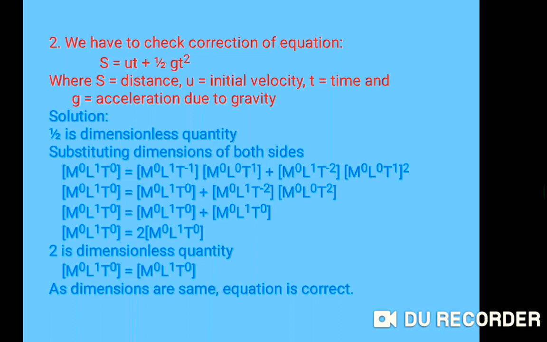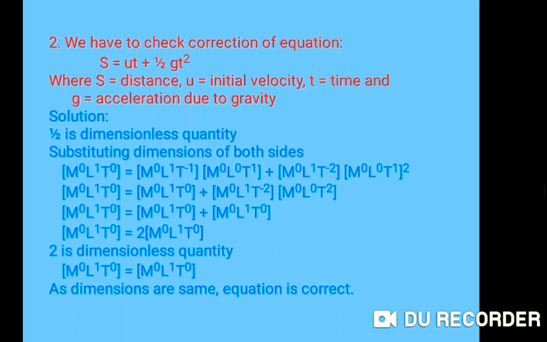First we put the dimension of S, distance. Distance is termed as length only, so M raised to power 0, L raised to power 1, T raised to power 0 equals. Now u t: the dimensional formula of velocity is M raised to power 0, L raised to power 1, T raised to power minus 1, into the dimensions of time, M raised to power 0, L raised to power 0, T raised to power 1, plus the dimension of g, M raised to power 0, L raised to power 1, T raised to power minus 2, and t square.